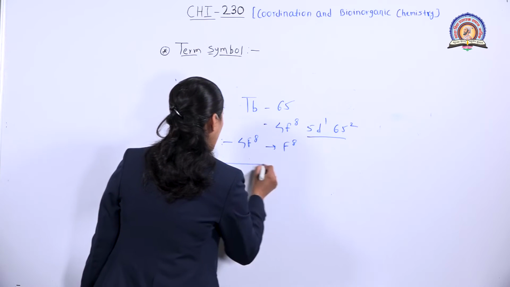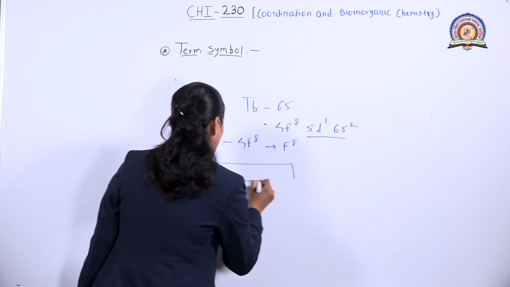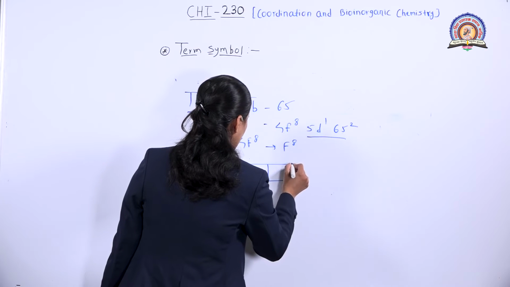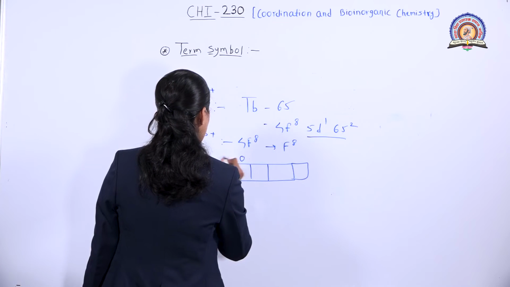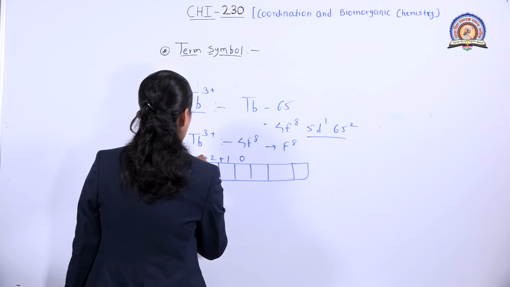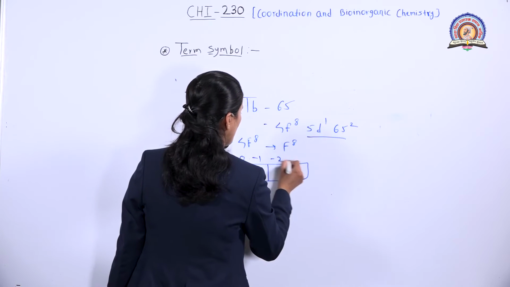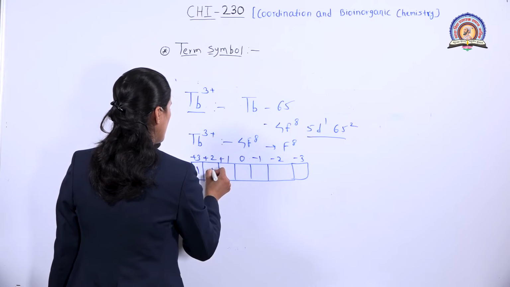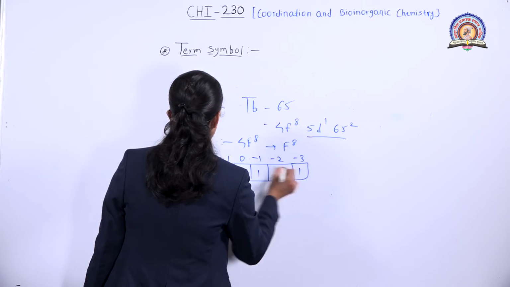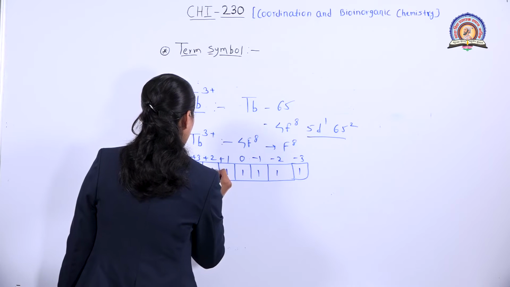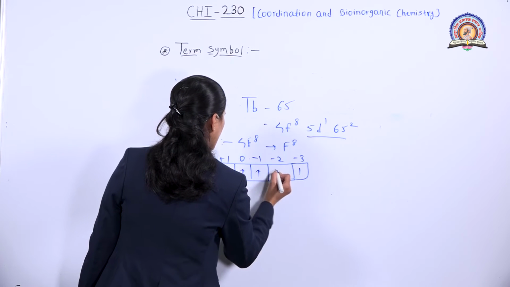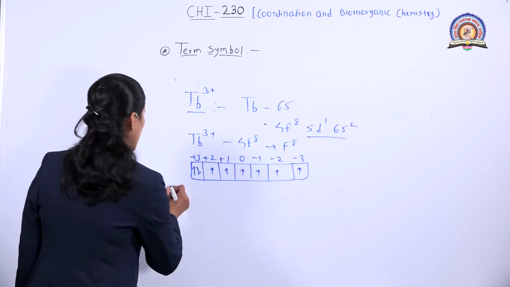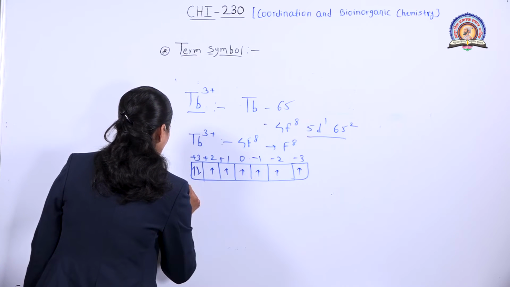We know the F orbital has 7 orbitals: 1, 2, 3, 4, 5, 6 and 7. So 0 is here, plus 1, plus 2, plus 3, minus 1, minus 2, minus 3. As we have 8 electrons, 1, 2, 3, 4, 5, 6, 7 and 8. Let's see the first calculation, the L value, that is the summation of ml.